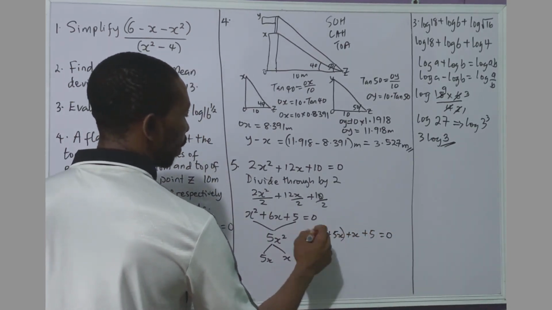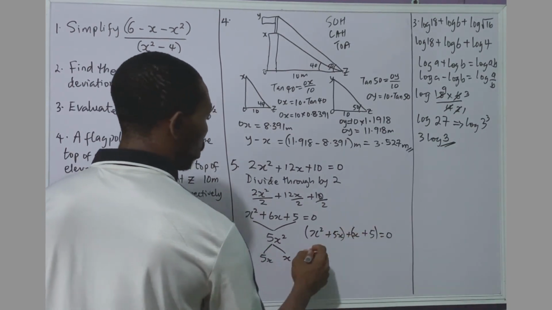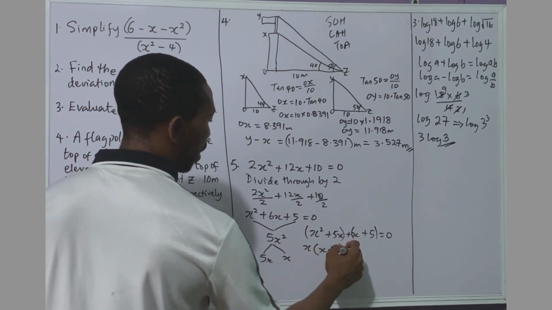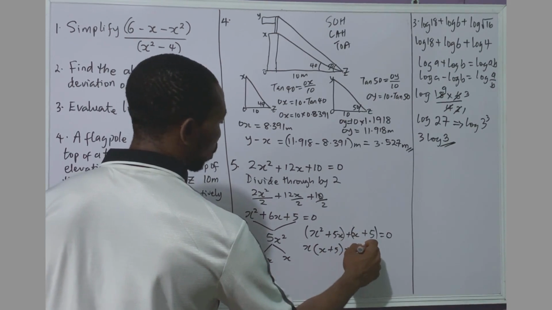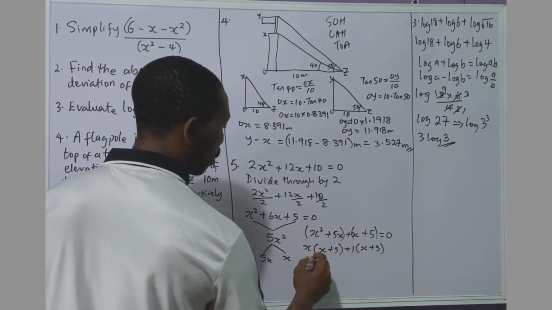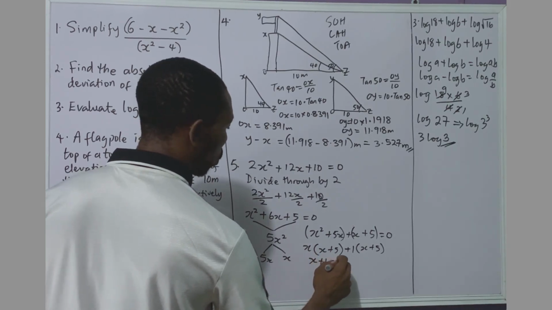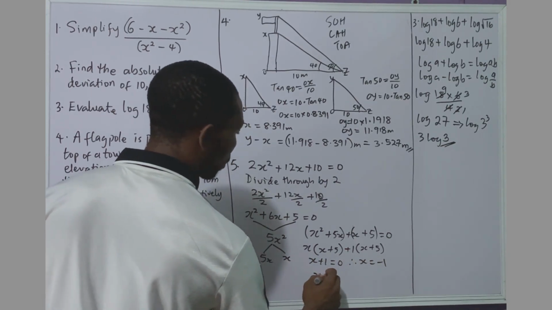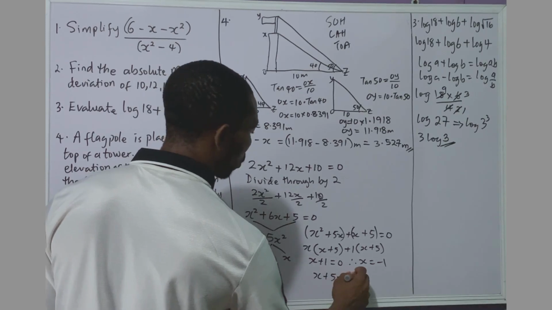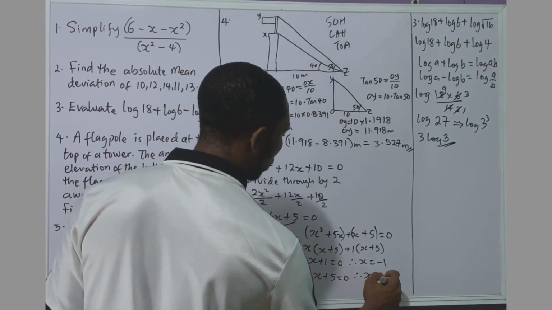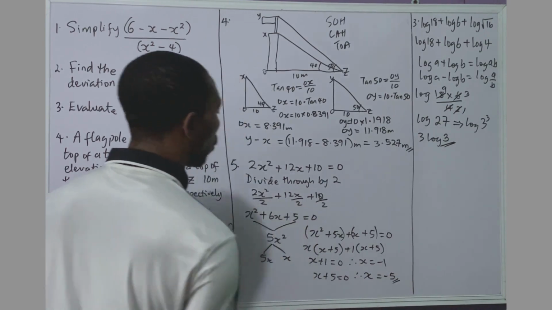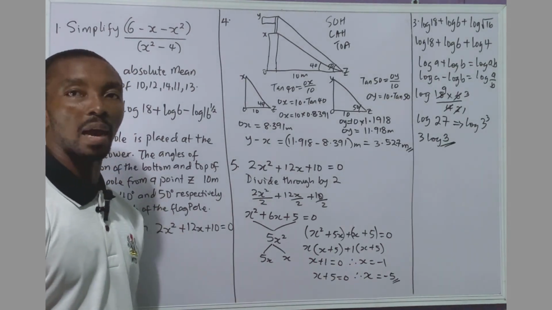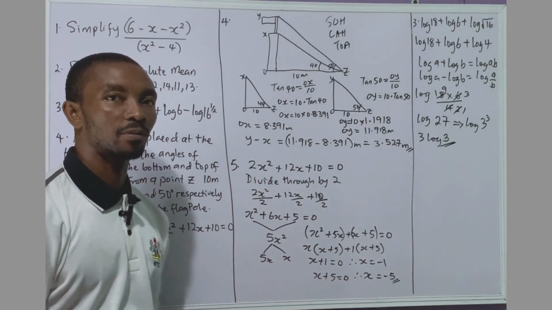Grouping these two, x is common, leaving x plus 5, and here 1 is common, leaving us with x plus 5. So this gives us x plus 1 equals 0, therefore x equals minus 1, and x plus 5 equals 0, therefore x equals minus 5. So we've solved for x to be minus 1 and minus 5.